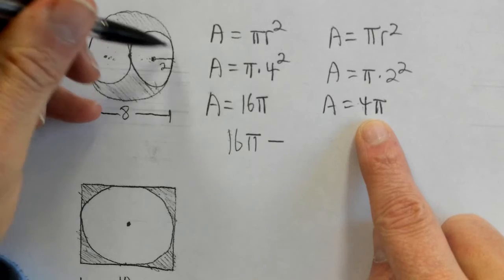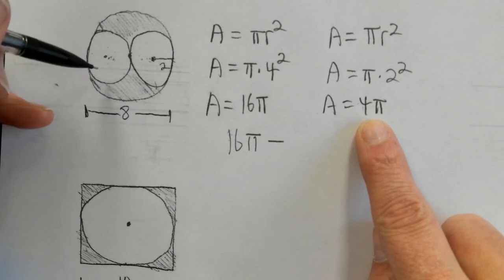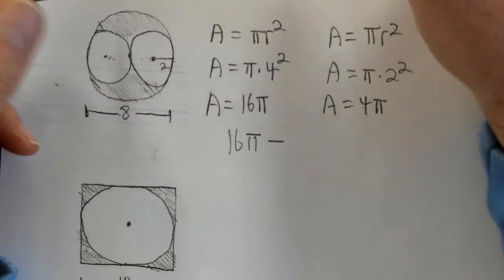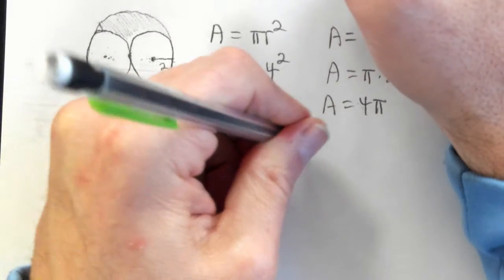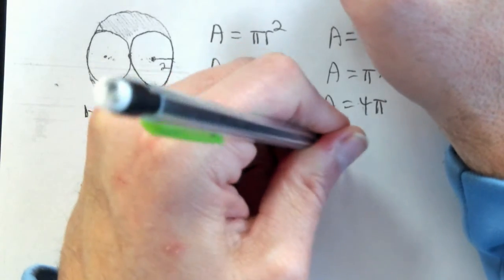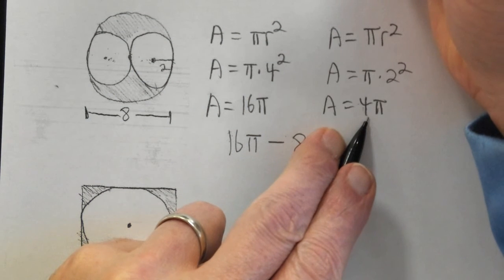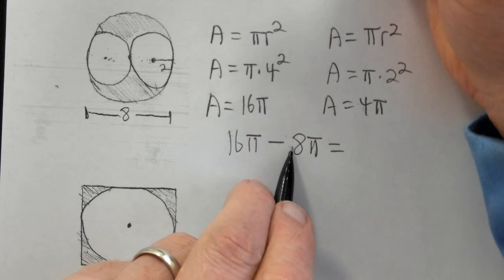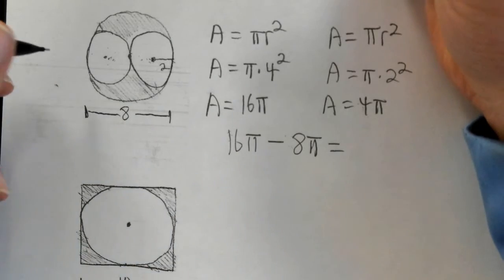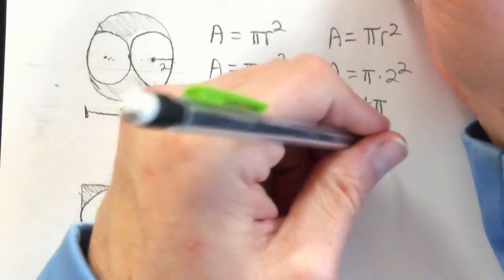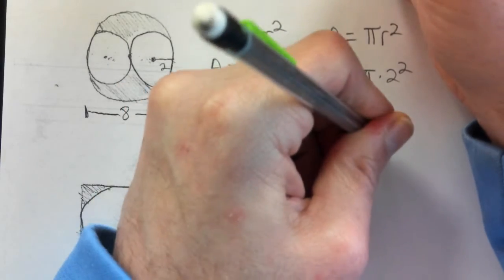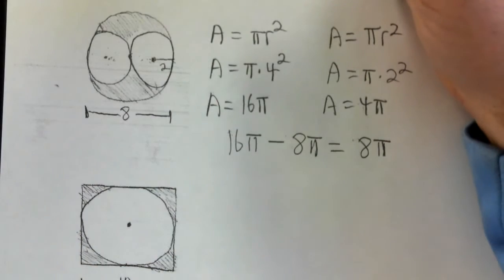So if this one is 4 pi, and this one has an area of 4 pi, altogether I'm subtracting off 8 pi, double that amount, because I've got 2 of those circles. 2 circles whose area is 4 pi means that the area of both of them together is 8 pi. So what is 16 pi minus 8 pi? 8 pi, and that is your correct answer. So that is going to be the area of the shaded region.